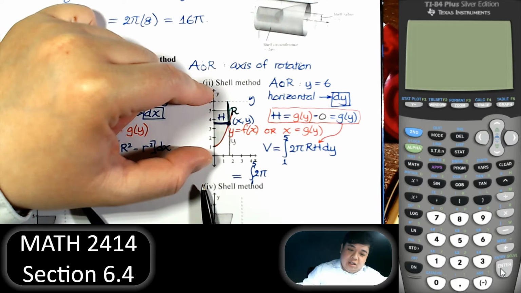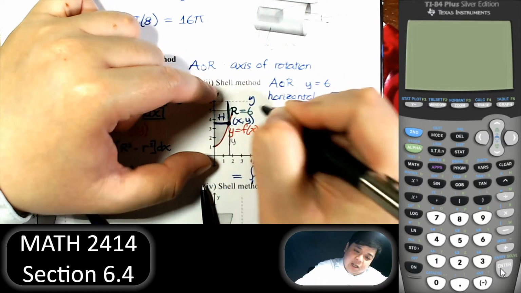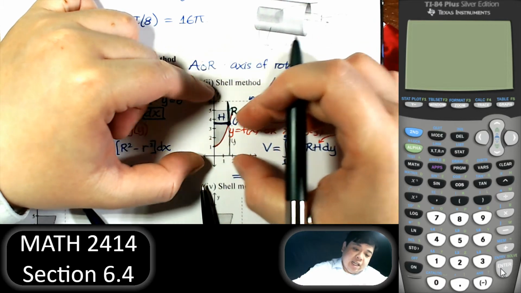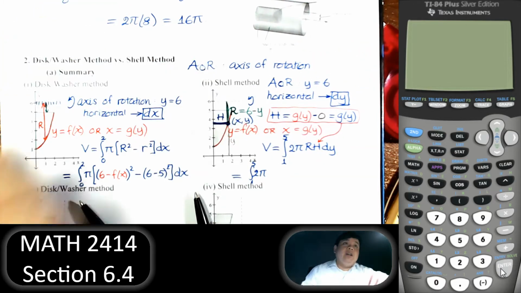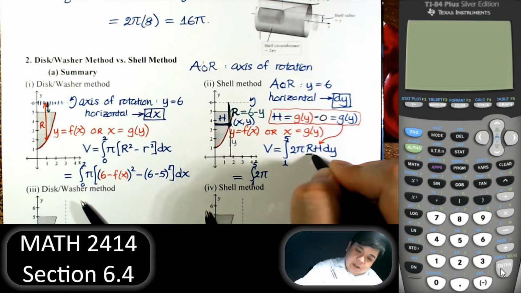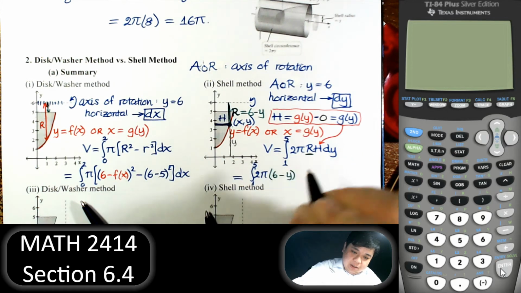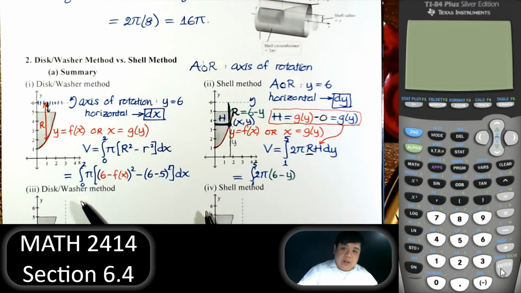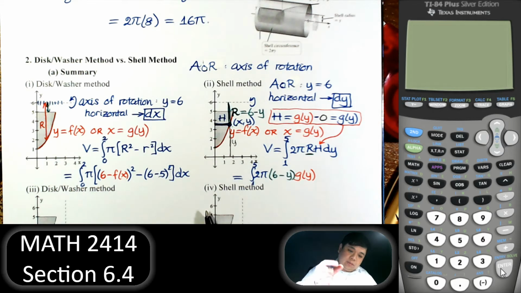So r is 6 minus y, and then h is g of y, dy.